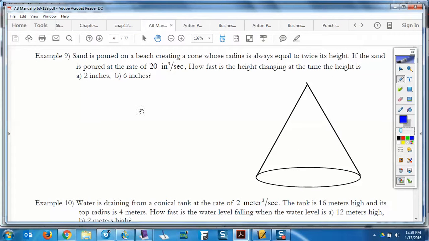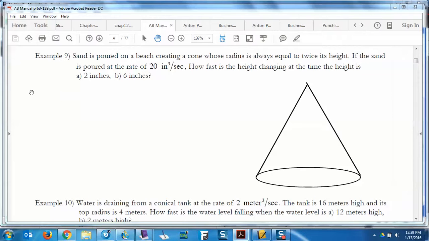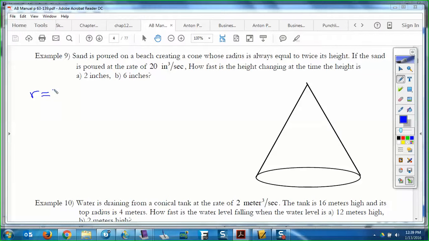So in this problem, they tell us that R is equal to 2H. So that's kind of like what I just got done saying in the other problem where R was equal to 1/4 H. Somewhere in the cone problem, you will have that information that will be useful. Now, we'll see here in a little bit why it will be useful. All right, so let's read the rest of the problem.